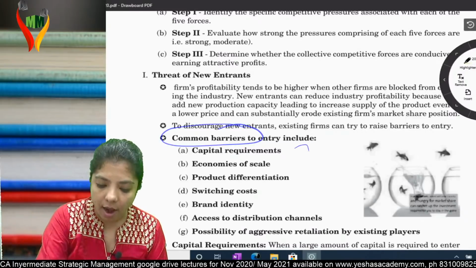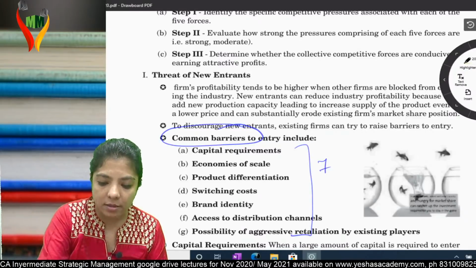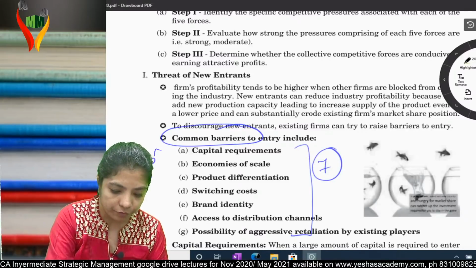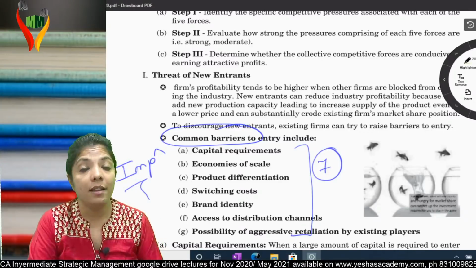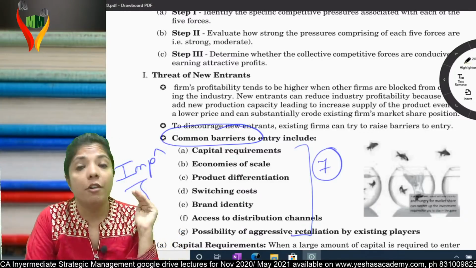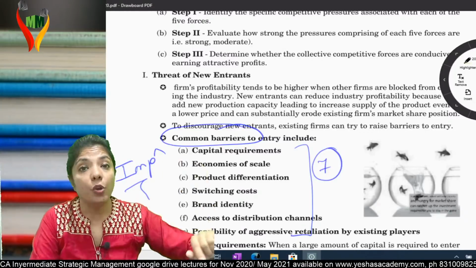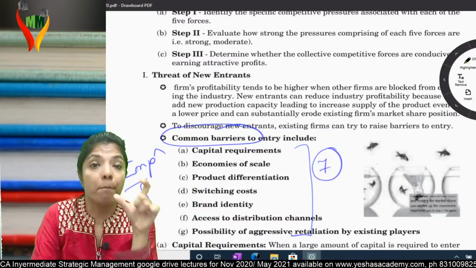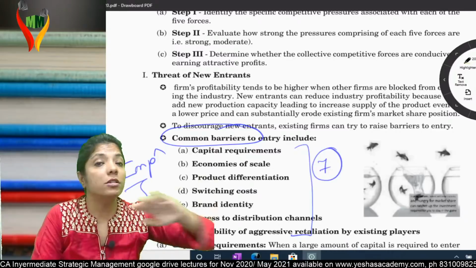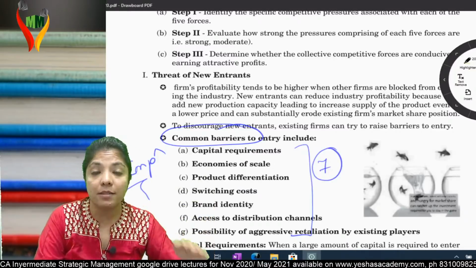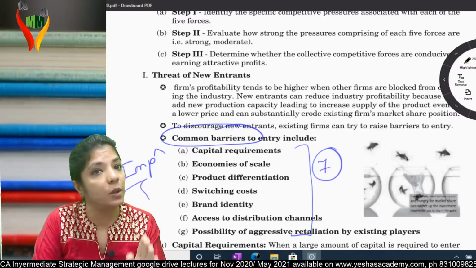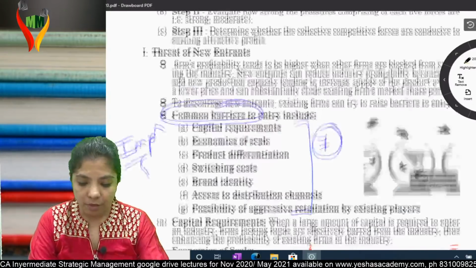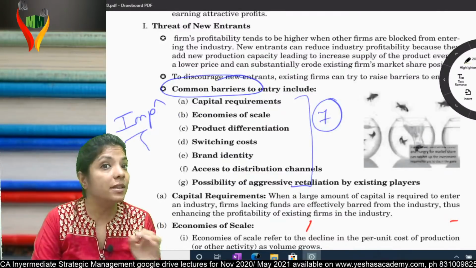So these are the 7 barriers. Important question from the exam point of view. Why important? Michael Porter's five forces model was in the old syllabus and is in the new syllabus, but these 7 points were not in the old syllabus and have been added in the new syllabus, hence important. Am I clear? The common barriers, again I'm saying important.